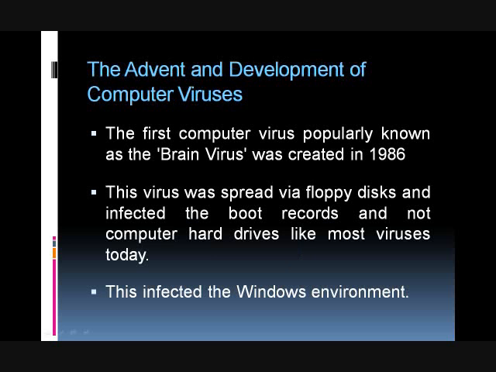Now, let's look at the overview of viruses over time. Well, the first computer virus, popularly known as the Brain virus, was created in 1986. This virus was spread via floppy disks and infected the boot records and not hard disk drives like most viruses do today.